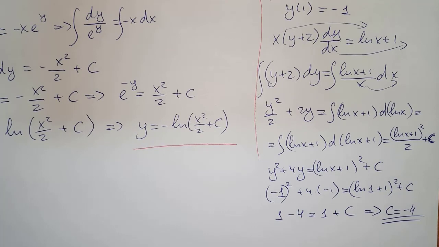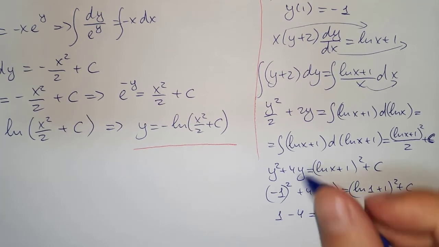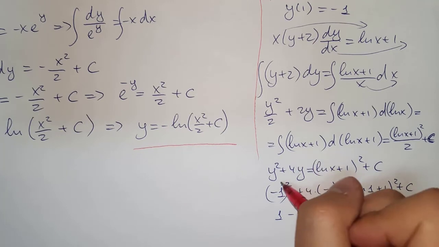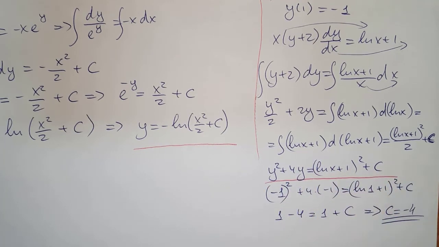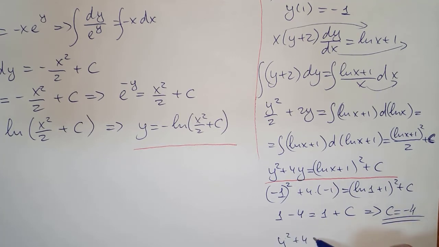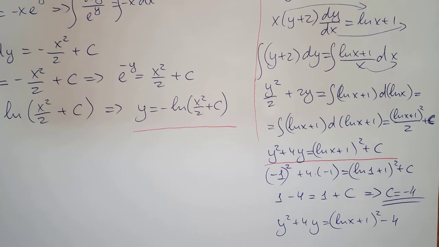C is minus 4. So this was the general solution, and now the particular solution of our differential equation will be y squared plus 4y equals natural logarithm of x plus 1 squared minus 4. This is the particular solution.